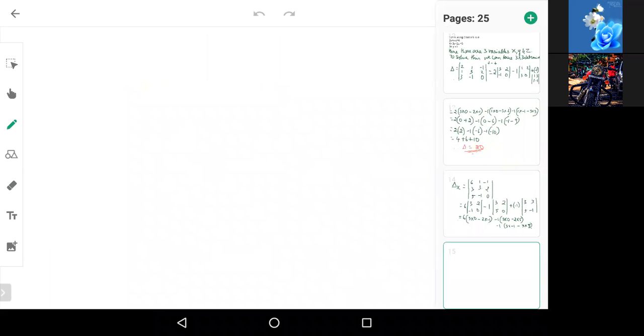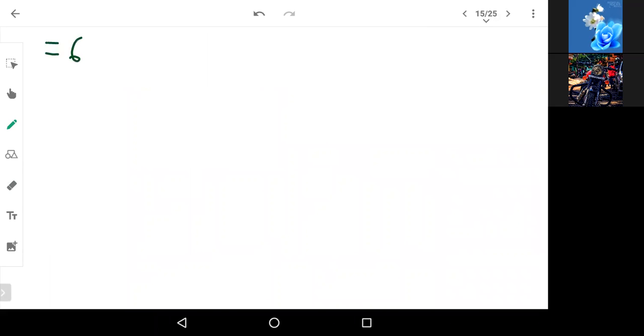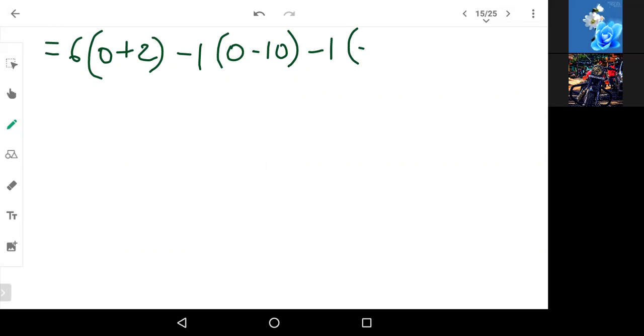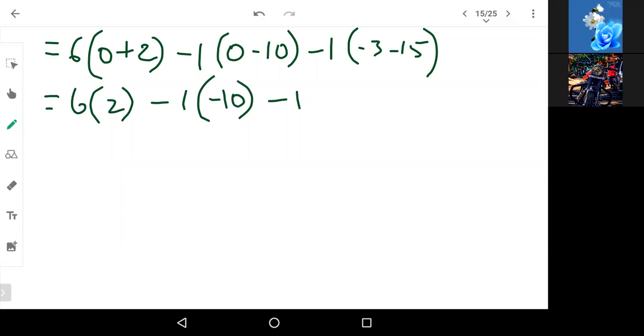So Δx is equal to 6 into (0 + 2) minus 1 into (0 − 10) minus 1 into (−3 − 15). So 6 into 2 minus 1 into −10 minus 1 into −18.